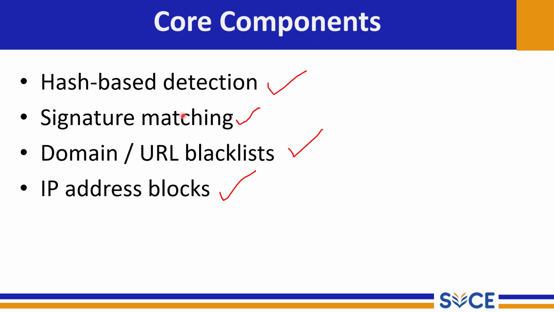And second, signature matching: specific byte patterns or code sequences that uniquely identify the malicious software. Then the domain or URL blacklist involves known malicious websites, command and control servers, or phishing domains. And IP address block covers network addresses associated with malicious infrastructure.